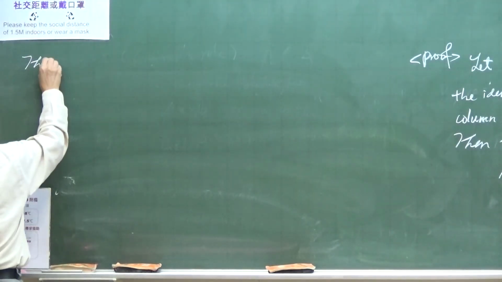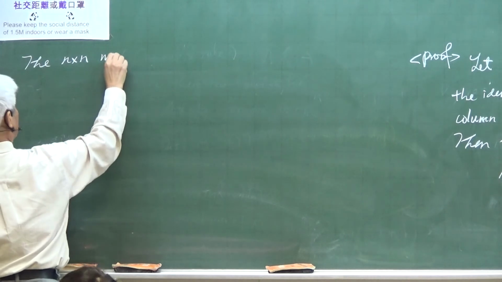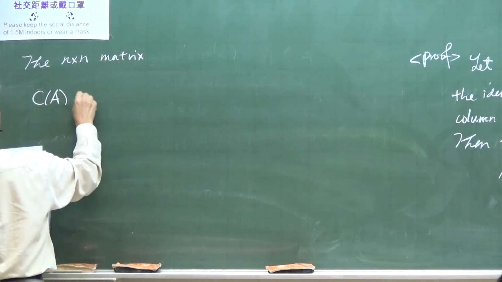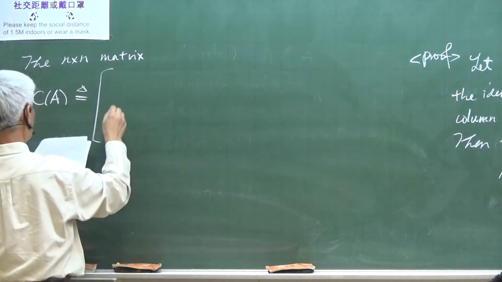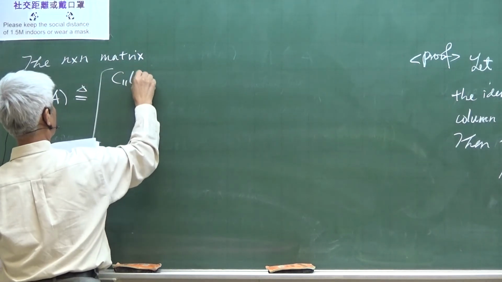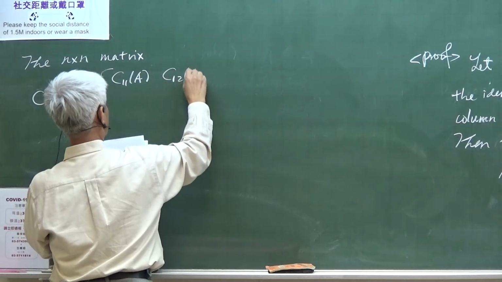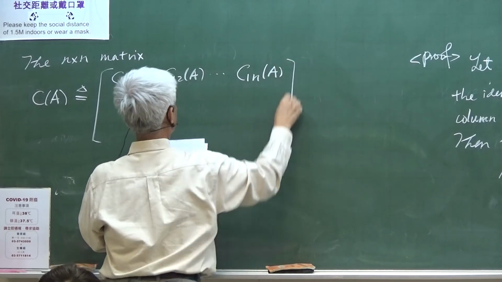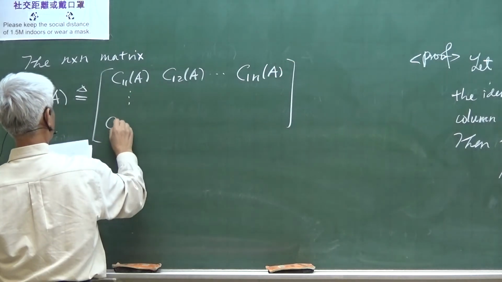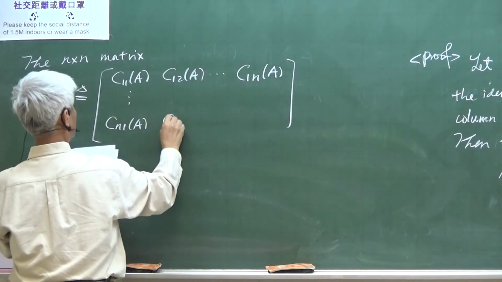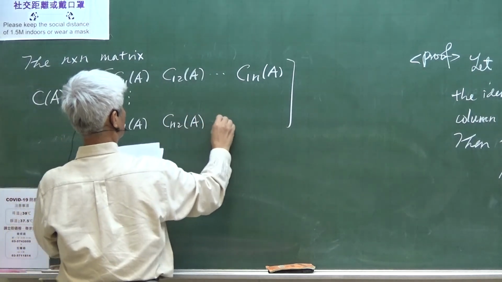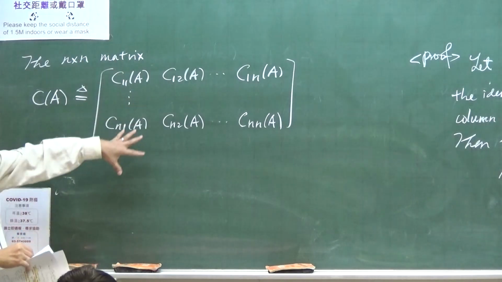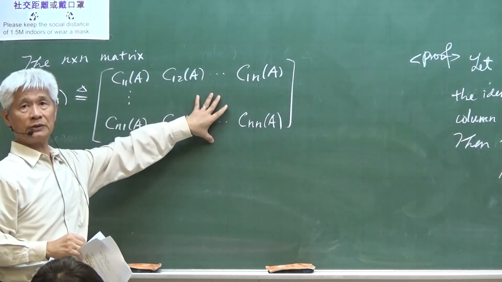Now, the n times n matrix C(A) is defined as follows: we collect all cofactors of A and put them into a matrix.